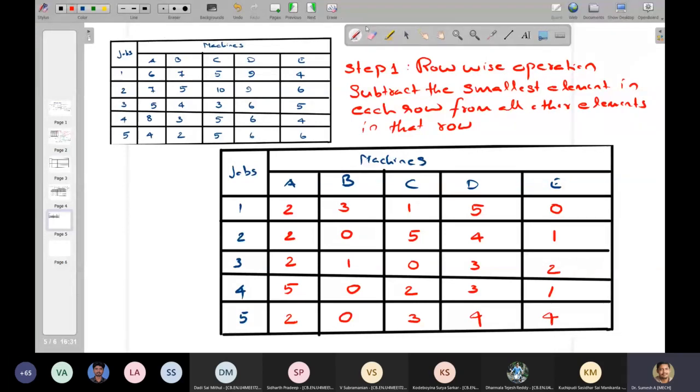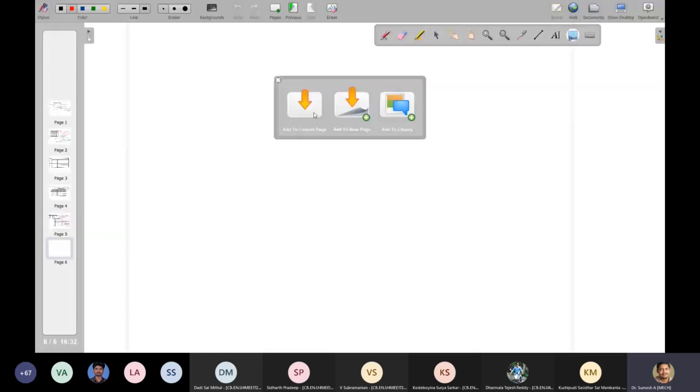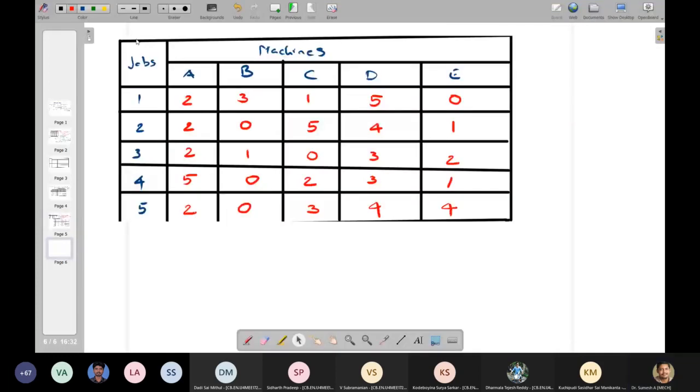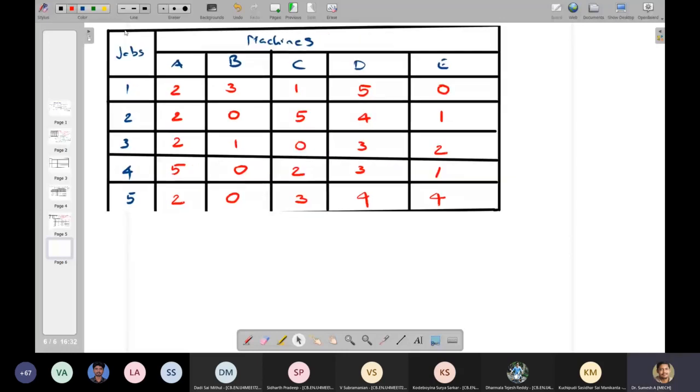So we have performed the first set of operations. In each row we identified the lowest element, and subtracted it from all the other elements in that row.